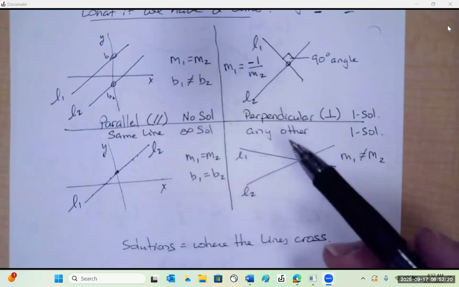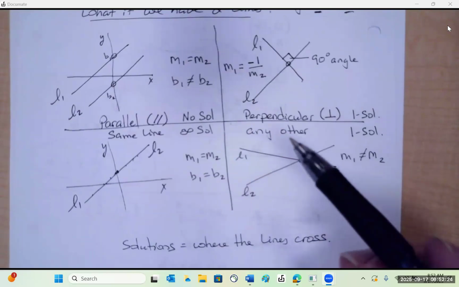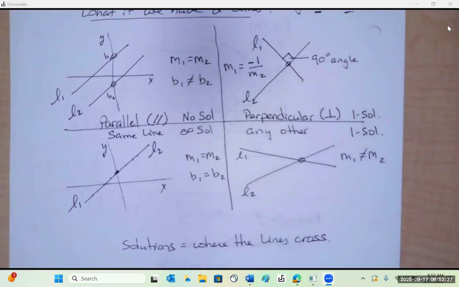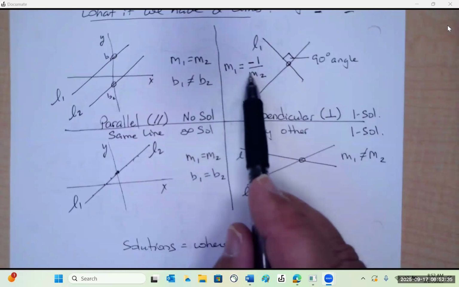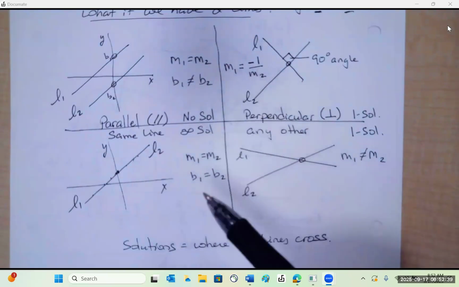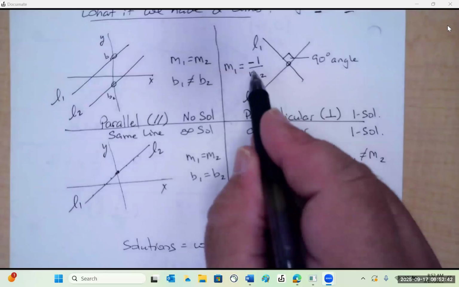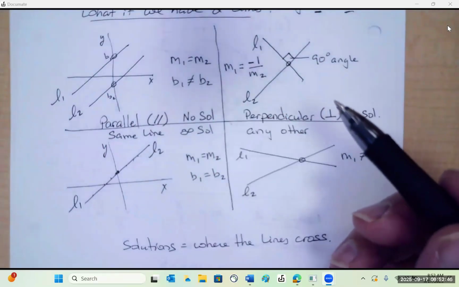Negative reciprocals. When we say negative reciprocals, are the signs the same? No, the signs are different. What does reciprocal mean? Flips.